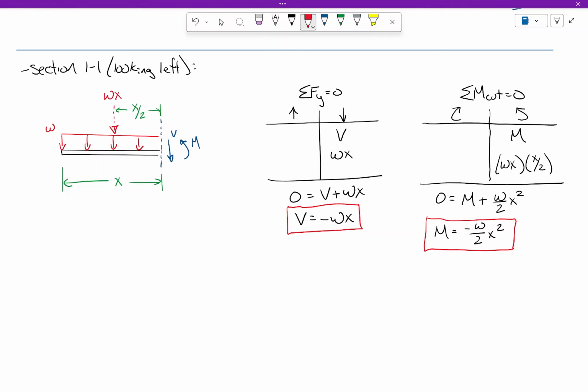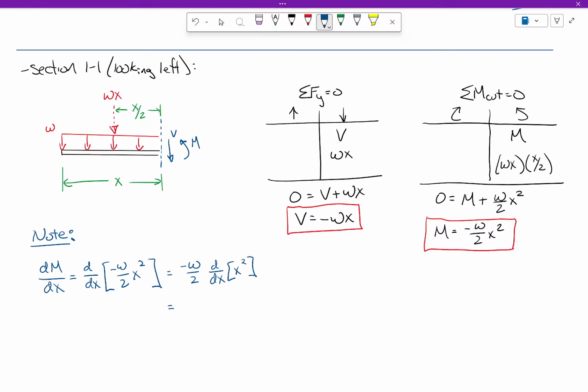One note, by the way. If I differentiate this, I pull out the constant. What's the derivative of x squared? 2x.